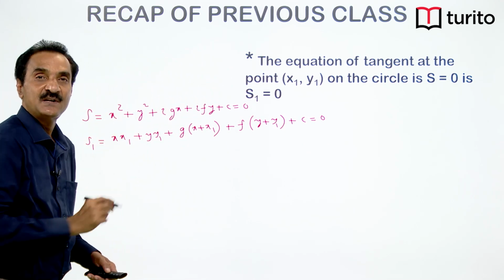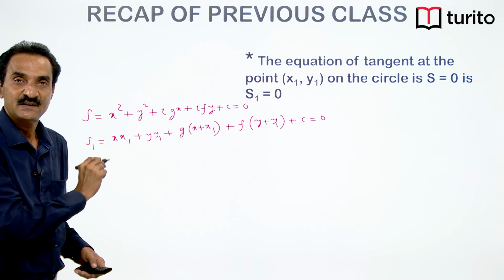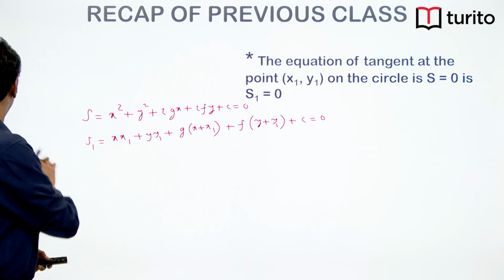So, the equation of the tangent to the circle at P (x1, y1) is given by this formula.